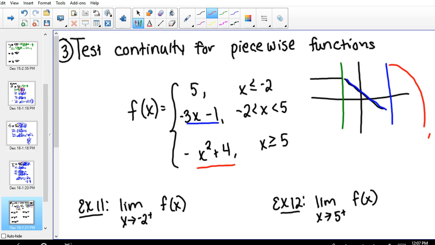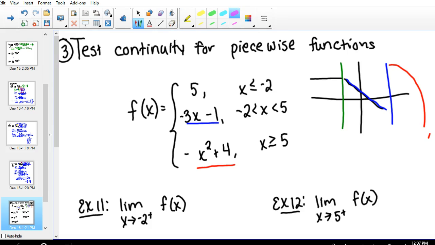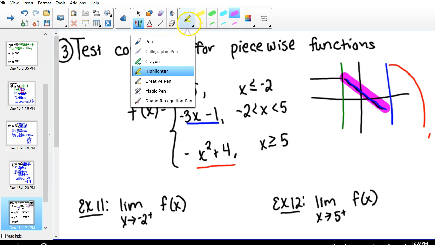For example 11, we're looking from -2, and so for -2, if we're looking from the right, we're going to pick this side, even though it may not be defined there. So we're going to pick this equation, and we will plug in -2.